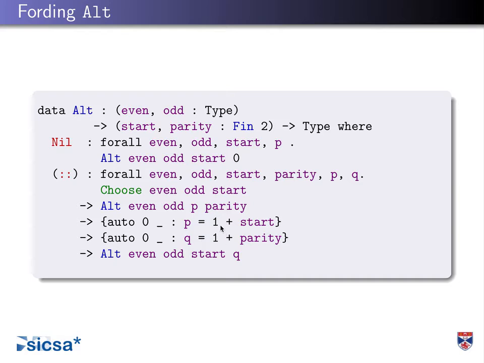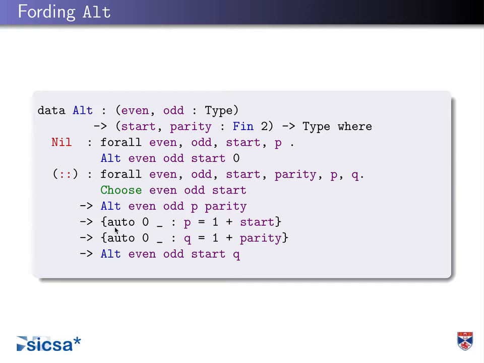So we've replaced the 1 plus start in the tail of the list with some variable p. We've replaced the 1 plus parity in the return length with the variable q. And then we've given these two equality constraints that p must equal 1 plus start, q must equal 1 plus parity. We've got the auto keyword here.